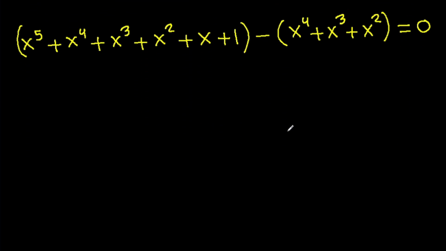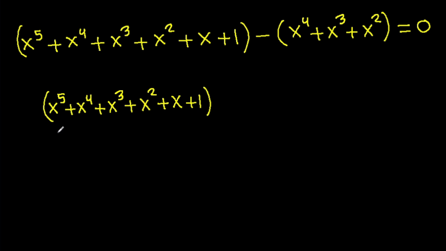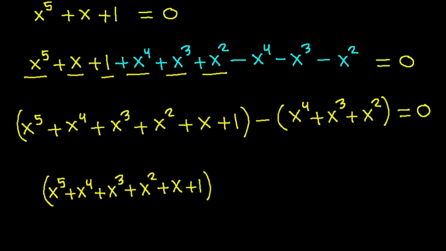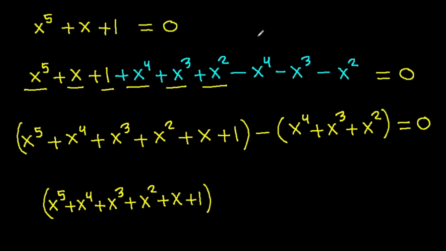and it is x power 5 plus x power 4 plus x cube plus x square plus x plus 1, and from here we can say that x is not equal to 1.